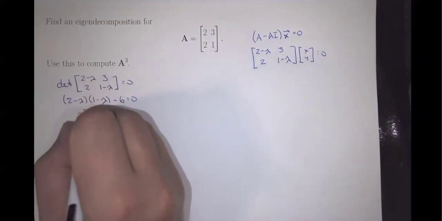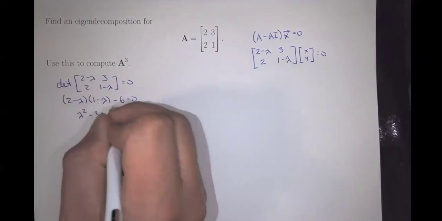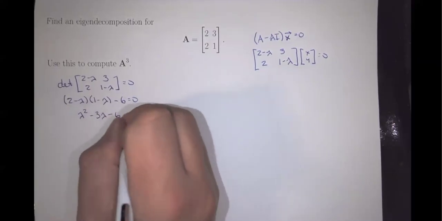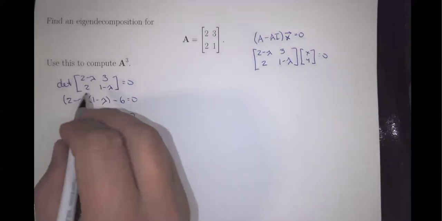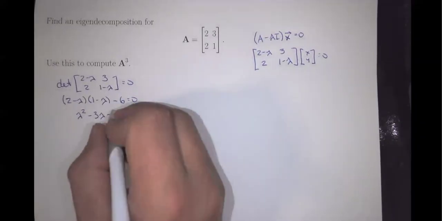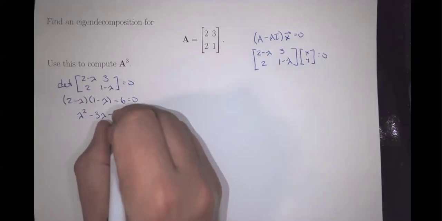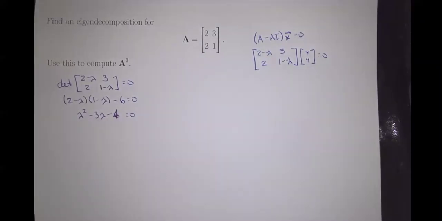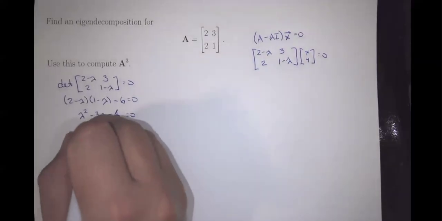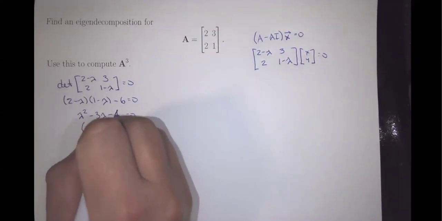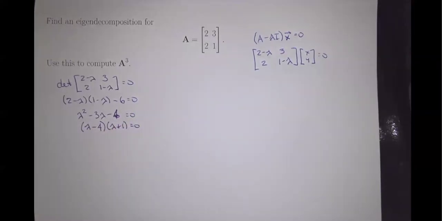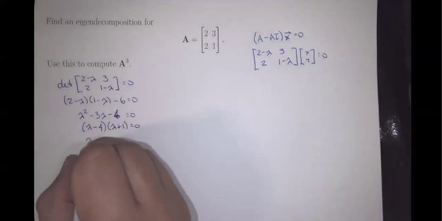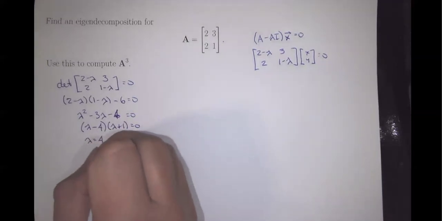So we have lambda squared minus 3 lambda minus 6 equals 0. That's not true. Minus 6 plus 2, so it's minus 4. And so we end up with lambda minus 4 and lambda plus 1 equals 0, which means lambda is going to be 4 or negative 1.